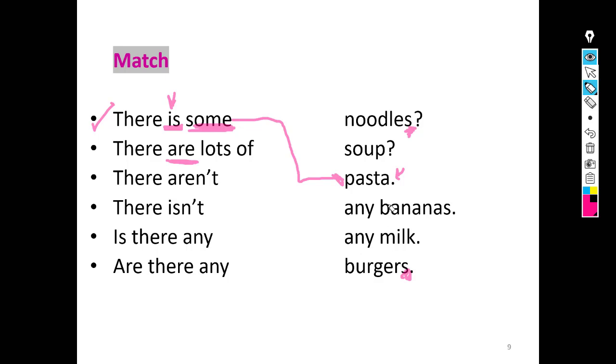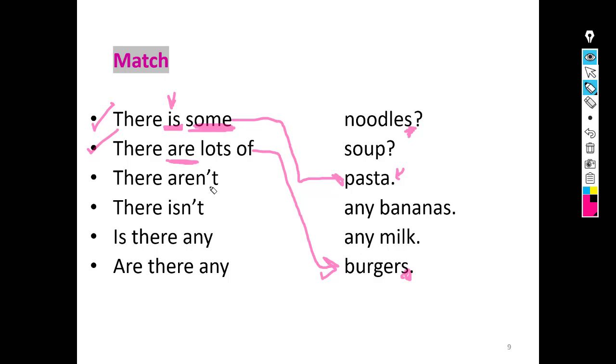We have got two plural forms of the nouns, but this is a question. Is this a question? No. So there's only one option. There are lots of burgers. Plural, plural. Okay, we did the second one too.